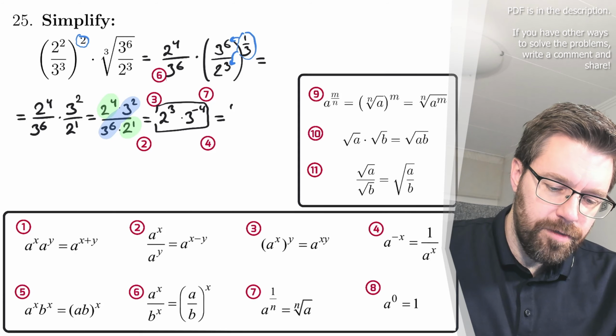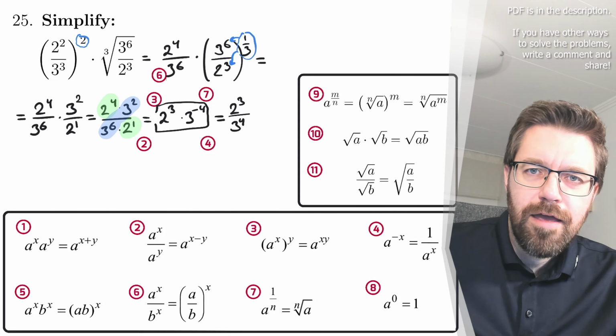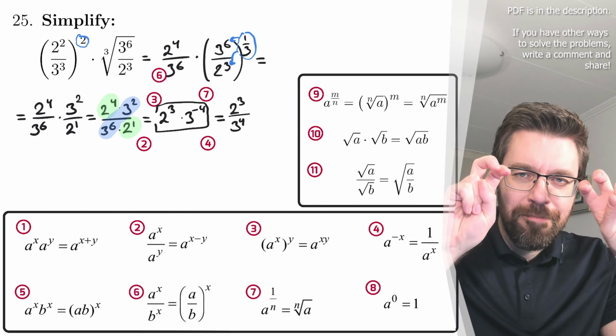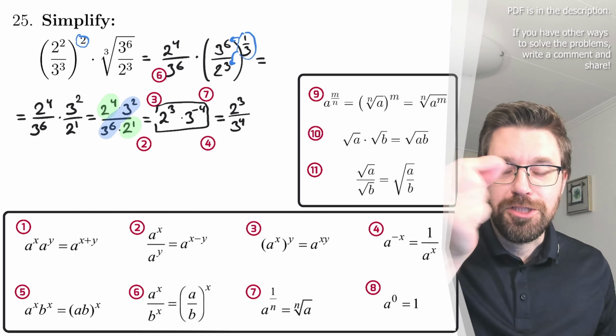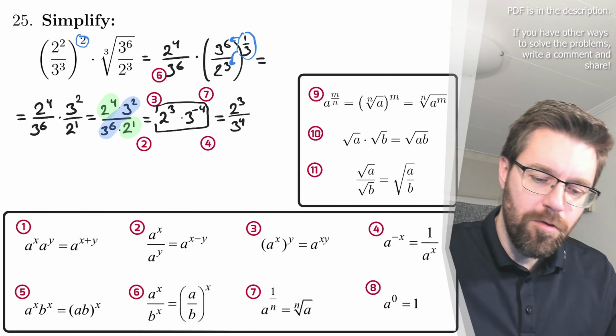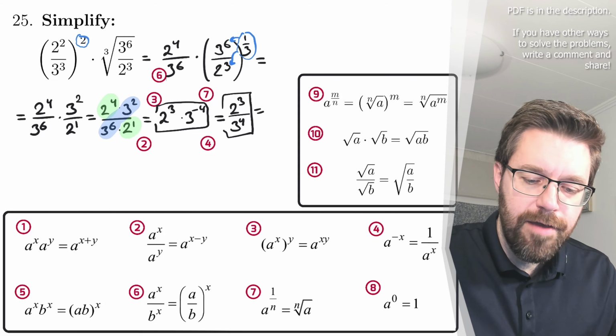So I get 2 raised by 3 divided by 3 raised by 4 instead. So you change the floor from up to down if you change the sign in the exponent. This is the rule. So you can answer like this, or you can, of course, evaluate it.